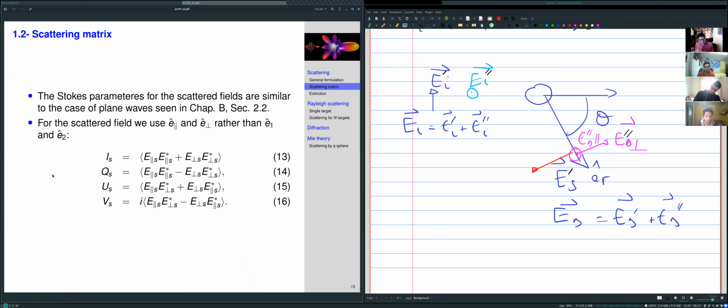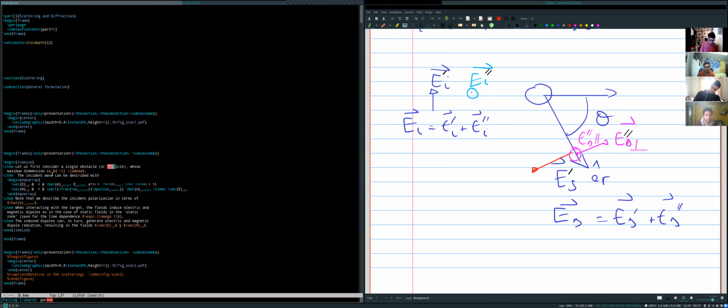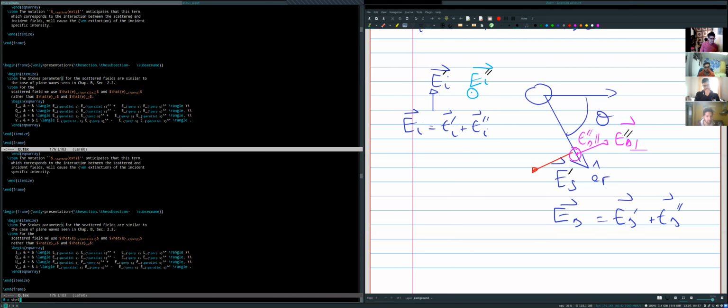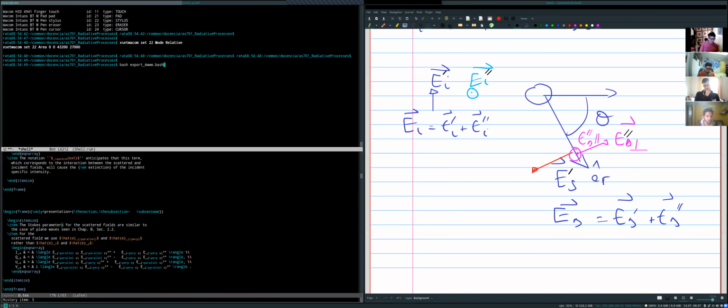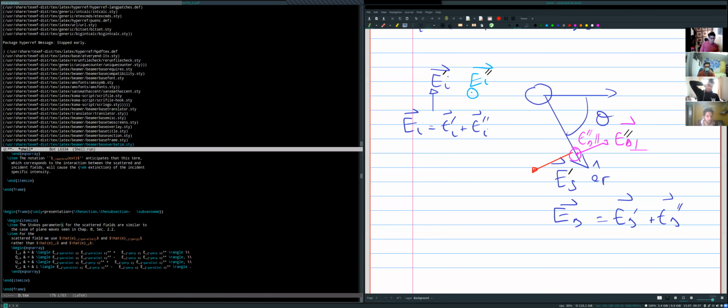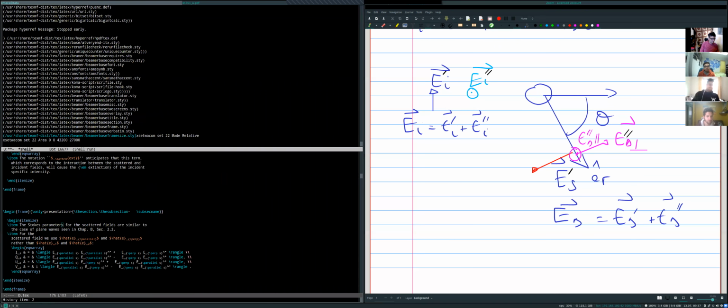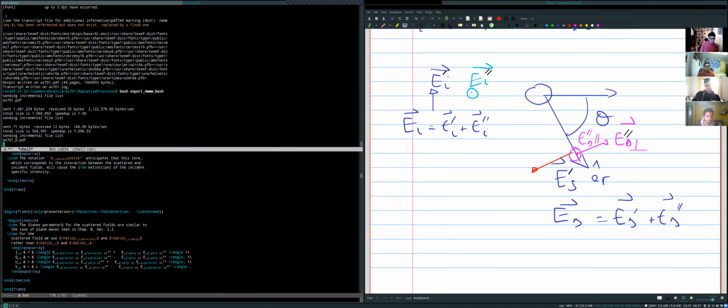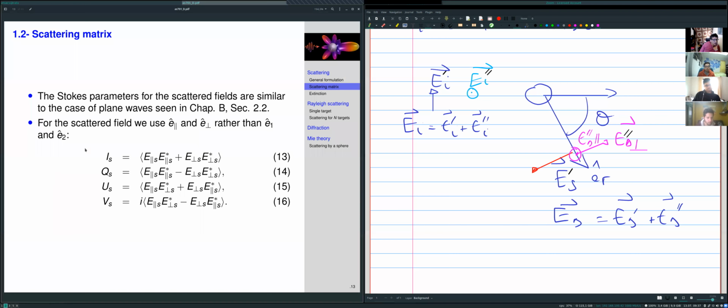So the Stokes parameters are defined exactly the same as we saw a couple of chapters ago.